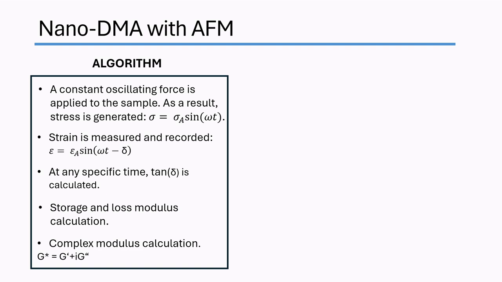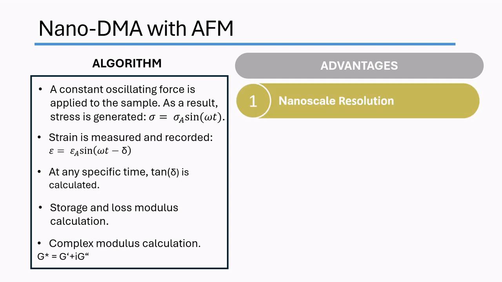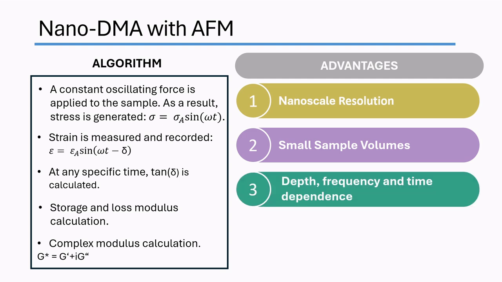So this shows a summary of how the parameters are calculated in nanoDMA. And the main advantage is that we get nanoscale resolution, which is beyond the reach of conventional DMA methods. We also can analyze small sample volumes, like we can characterize thin films, coatings, microdevices, and even individual cells or nanocomposites.